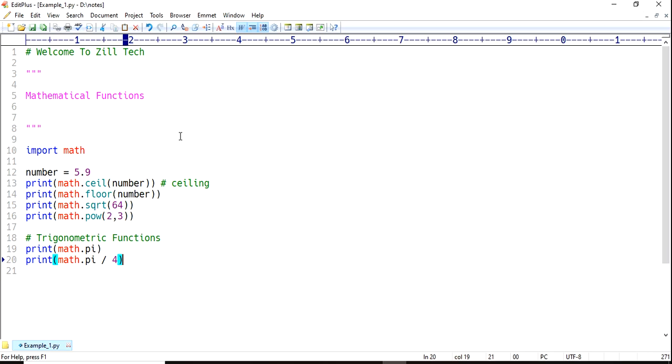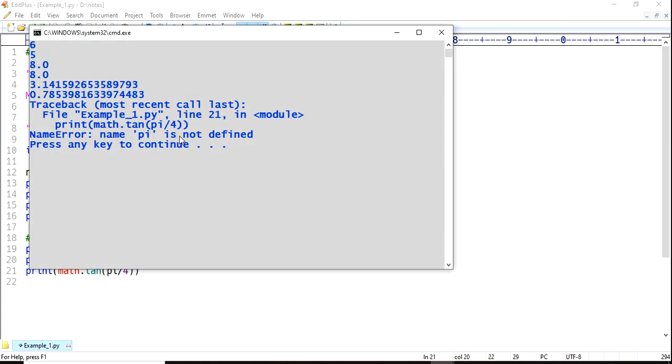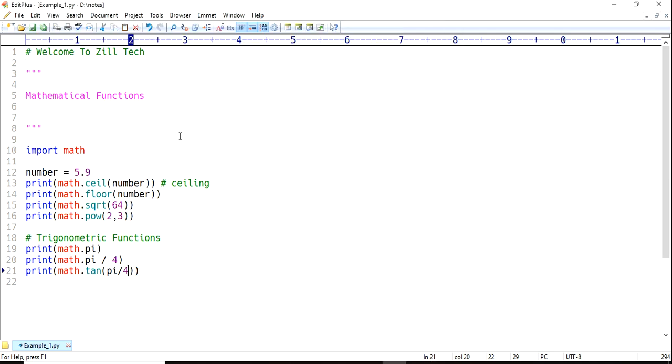So if you want to perform tan 45, it is 1. Math.tan of pi divided by 4.